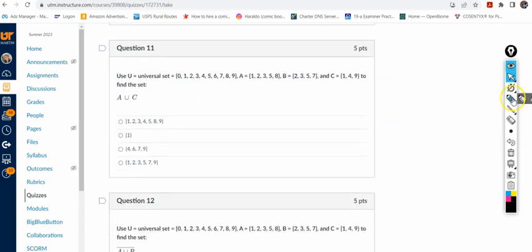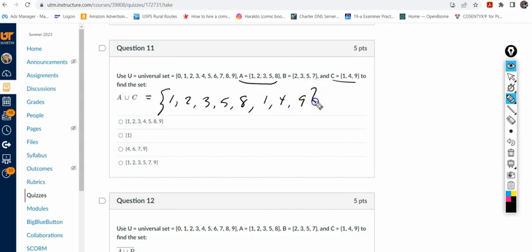Now the union is either one. So you're going to take A and C and make one great big set out of it. So I'm going to write down A and then include C in the same set. Now the only thing is, with set notation, you cannot have duplicates. So I have a 1 here and a 1 there, so I just need to eliminate one of them. And 2 is not repeated. 3 is not.